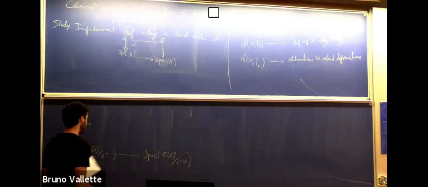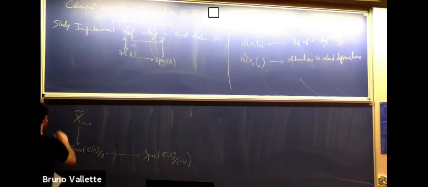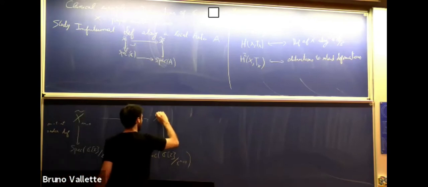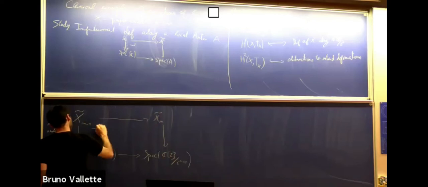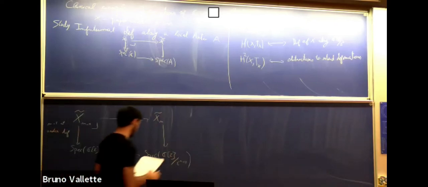Now you can wonder whether you can lift this (n minus 1)st order deformation to a higher one. So if you can complete this square such that when you restrict back, you recover your original deformation.